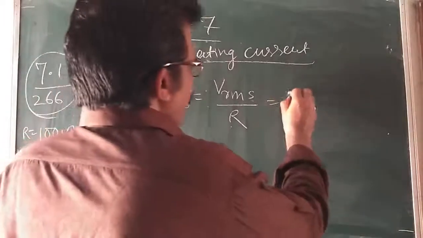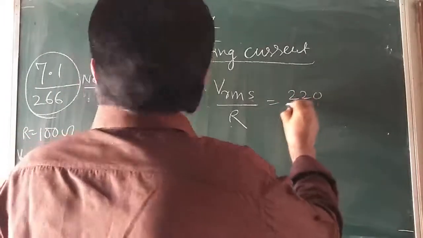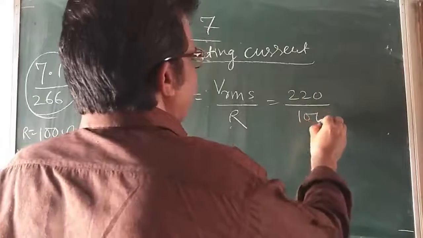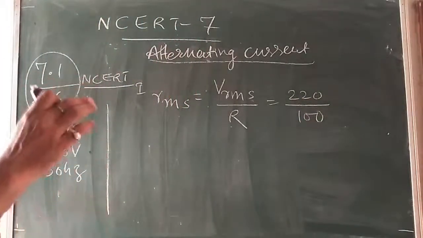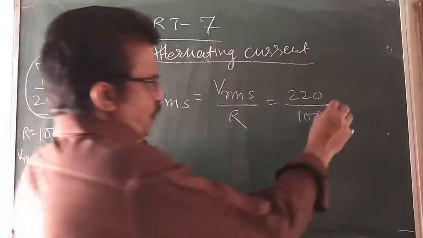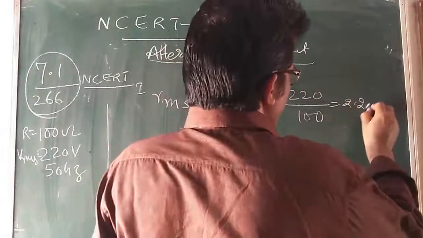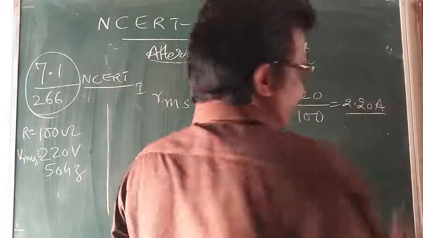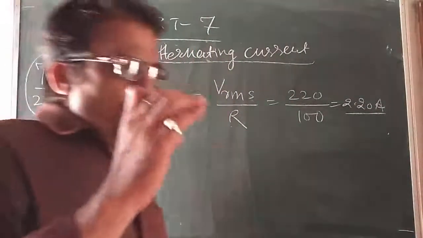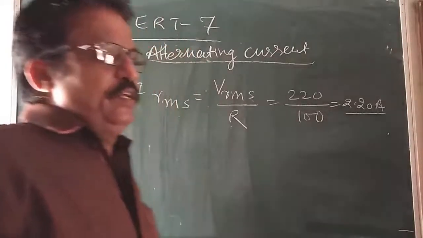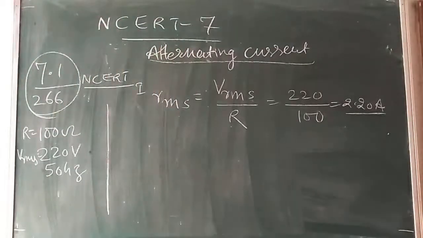So put the values here, 220 divided by 100. Is it clear? So we can solve this. We are getting only 2.20 ampere. Sir, ये तो बहुत easy है. Yes, all numerical problems are very easy if you know the formula.